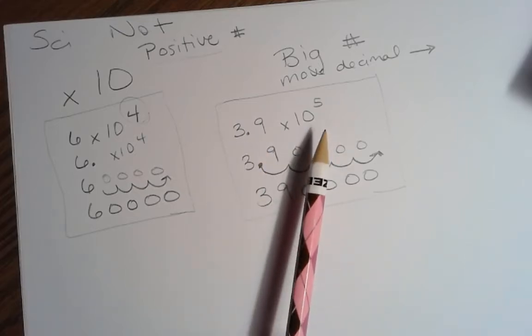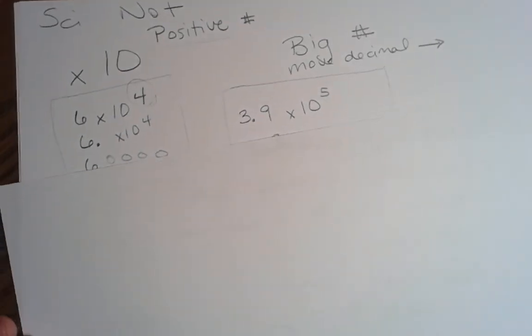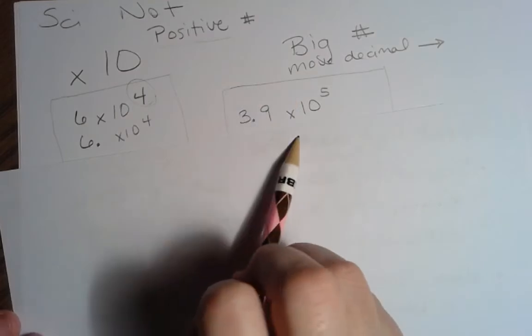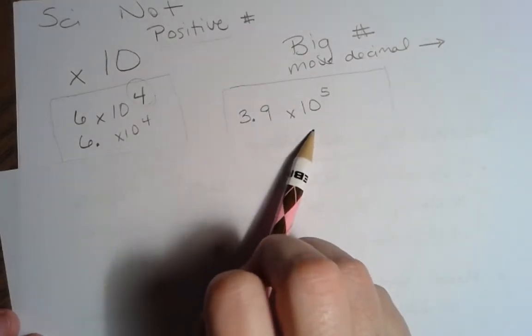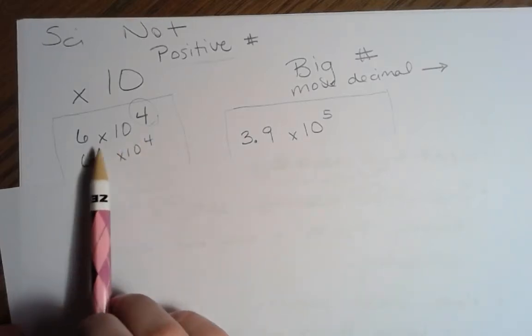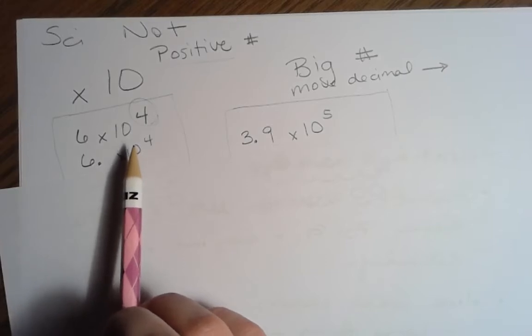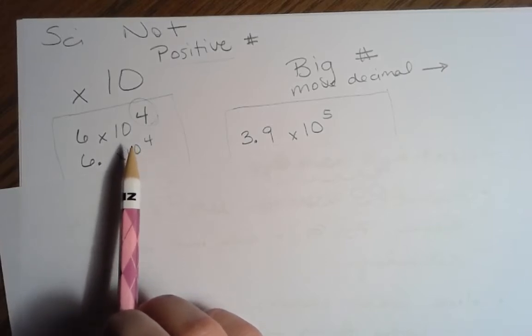So once you get comfortable with this, you will be able to see that 3.9 times 10 to the 5th is just a really big number. It's a magnitude 5 number. 6 times 10 to the 4 has a value of 6, fine, but what's super interesting is it's got a magnitude of 4.